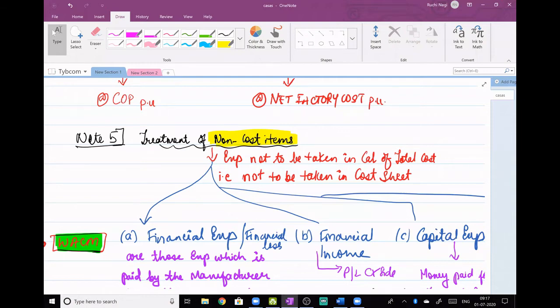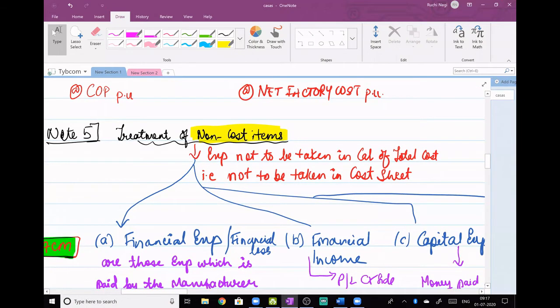Expenses not to be taken in calculation of total cost, or not to be taken in the cost sheet. If in the question paper you see any of these expenses, we have to ignore them for the calculation of total cost or cost price.